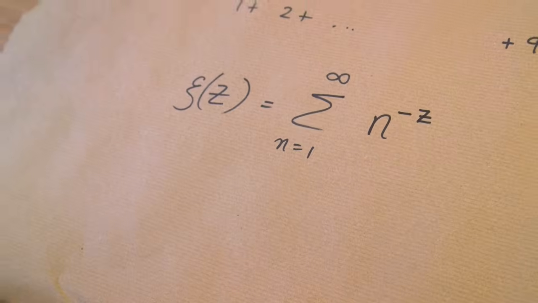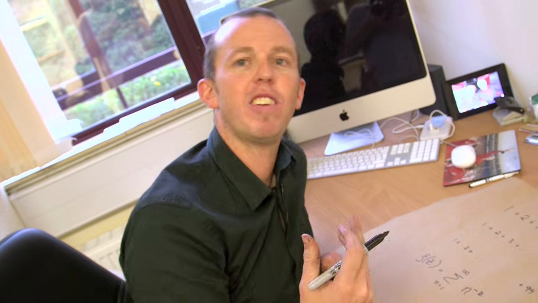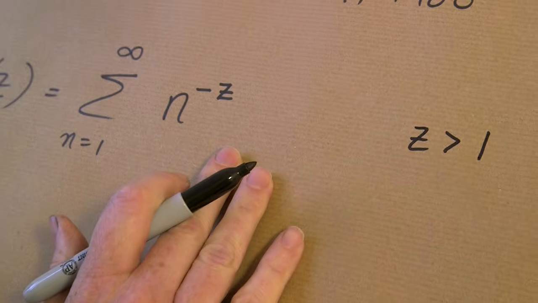So if z is bigger than 1, this sum is perfectly well defined. It gives a nice finite answer. You're basically taking numbers that get smaller and smaller and adding them together. It's intuitively feasible that you would get a finite answer from that. So for z greater than 1, you get this.